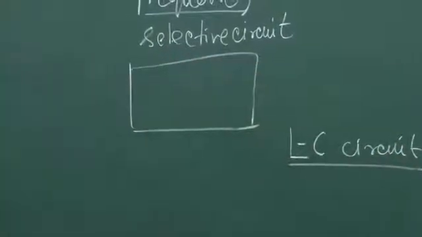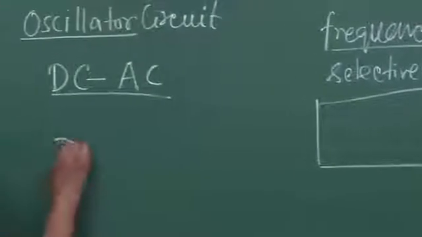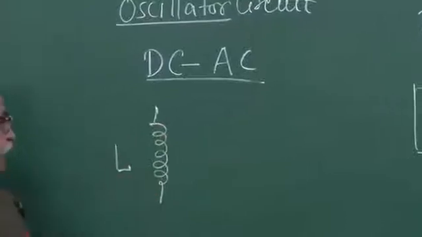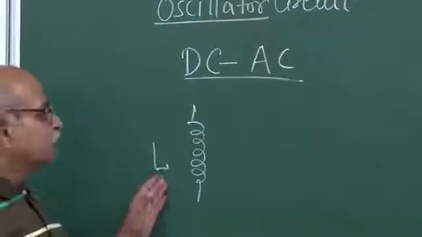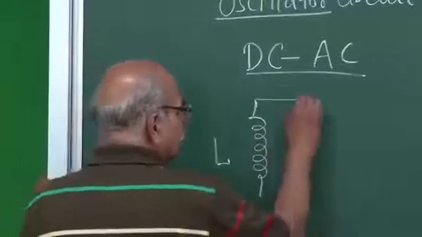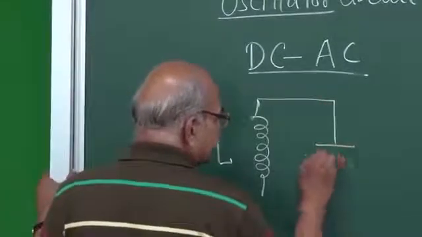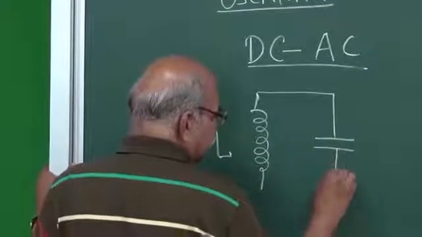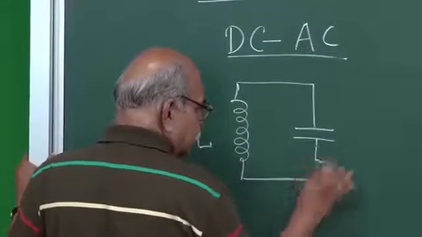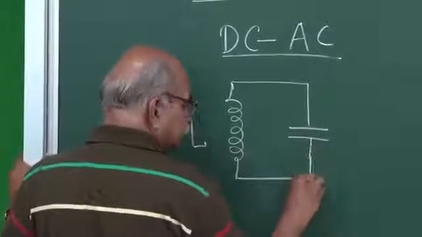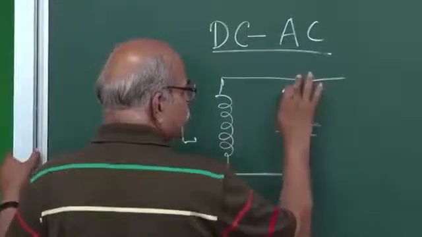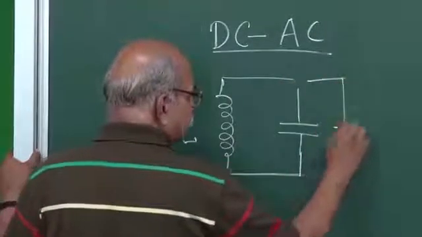You remember your high school physics. If you have an inductor, there is a symbol for inductor, and the letter generally used is L, and then you have a capacitor. Let us say from here I join it and put a switch here, and let us say this is a battery.